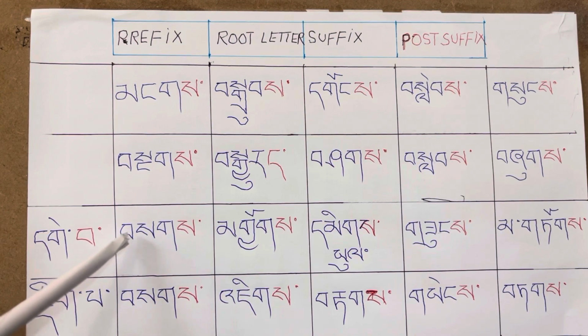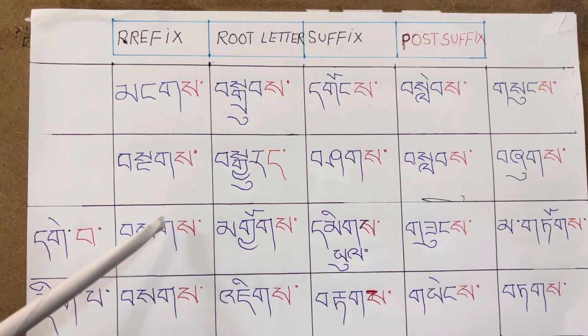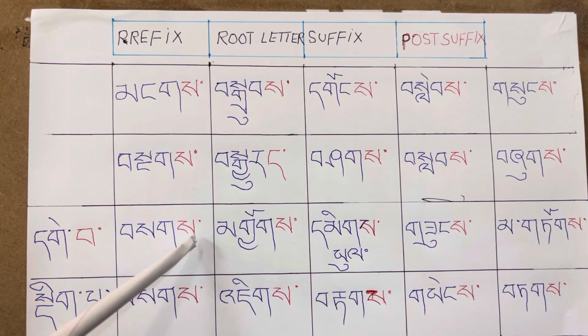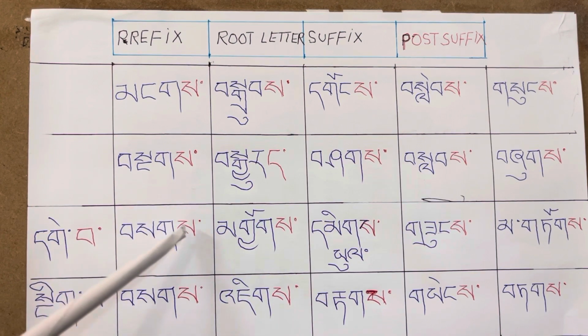Now, this is what we are learning. In between two dots, there are 4 letters, and when we see those 4 letters, we know that the first letter and the last letter are silent.